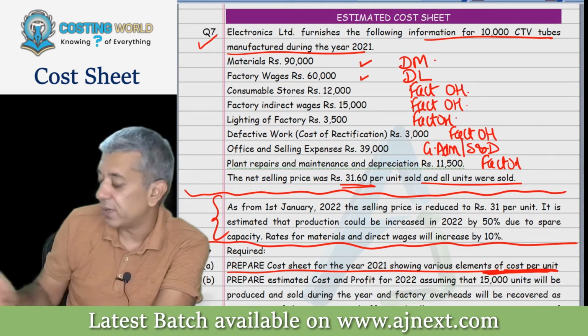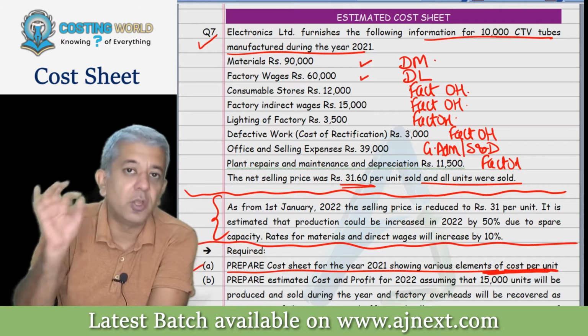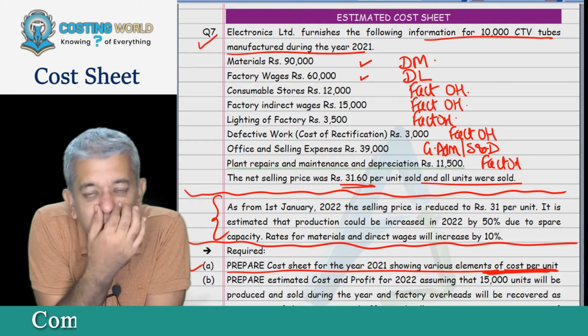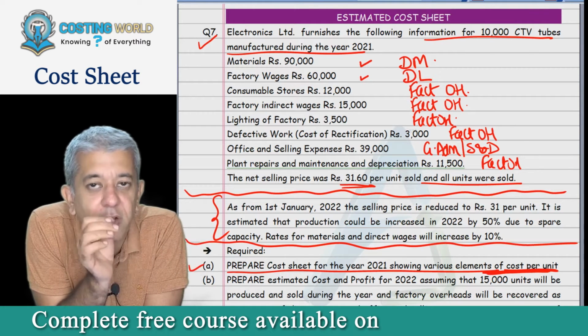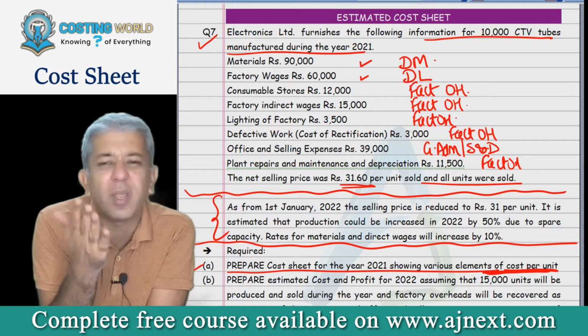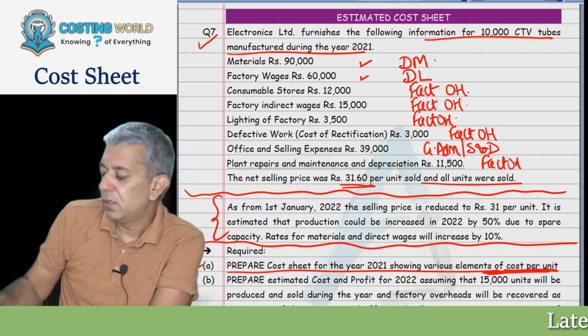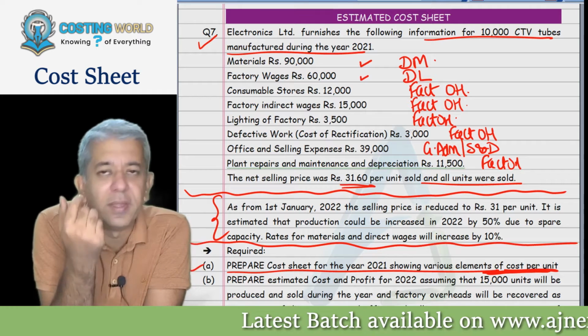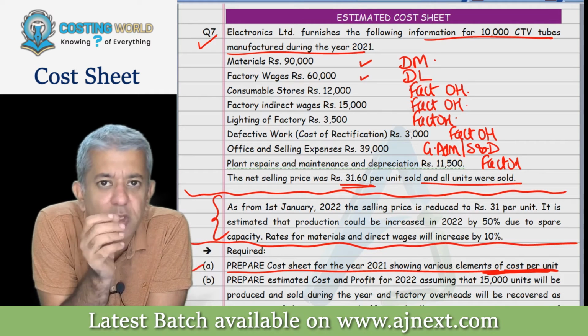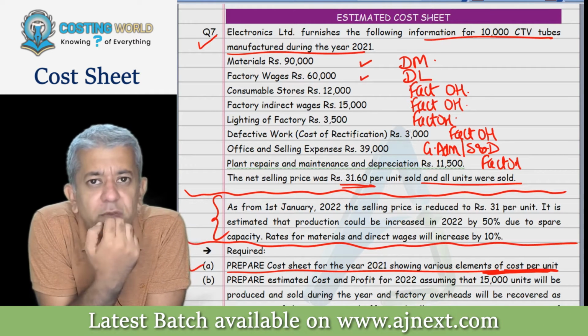Now first thing. Tell me in this case, did you find raw material stock? Did you find WIP stock? Did you find finished goods stock in this question? No. So if there is no material stock, that's okay. If there is no WIP stock, that's okay. In cost sheet, we will not write them.